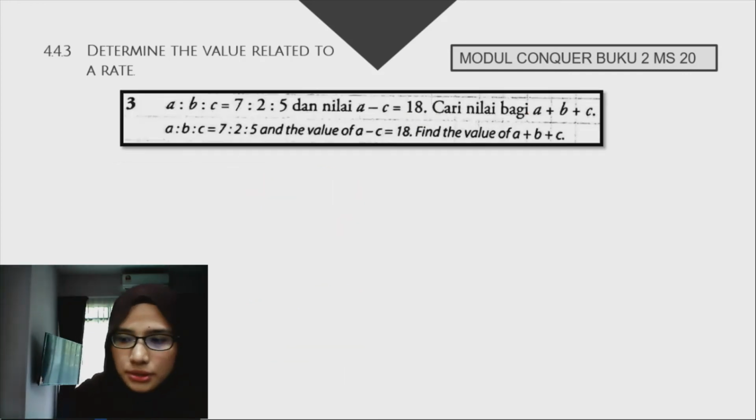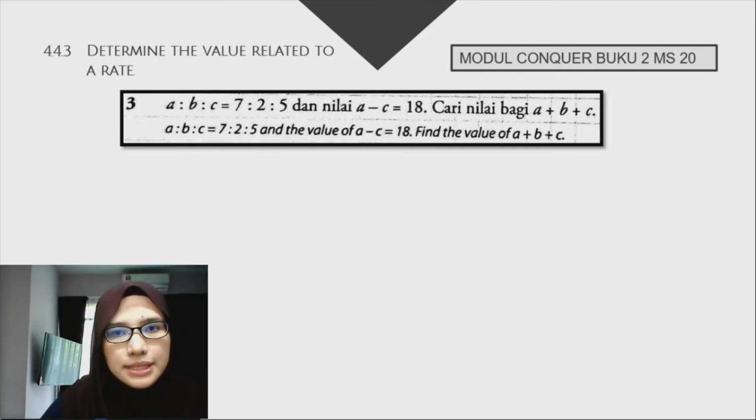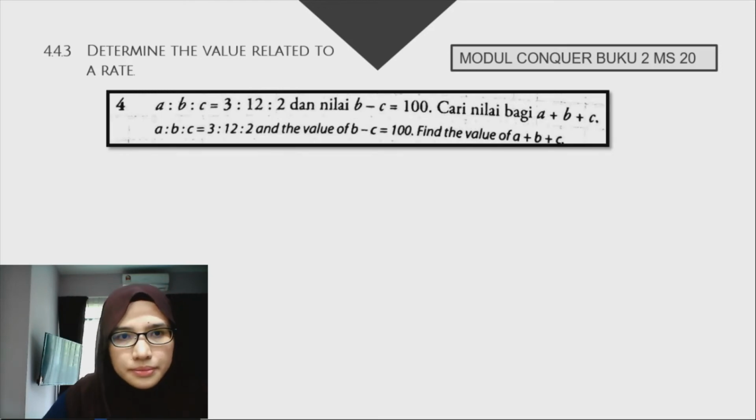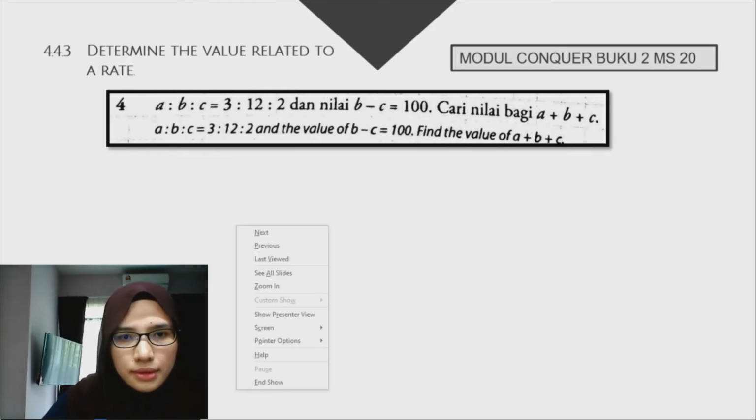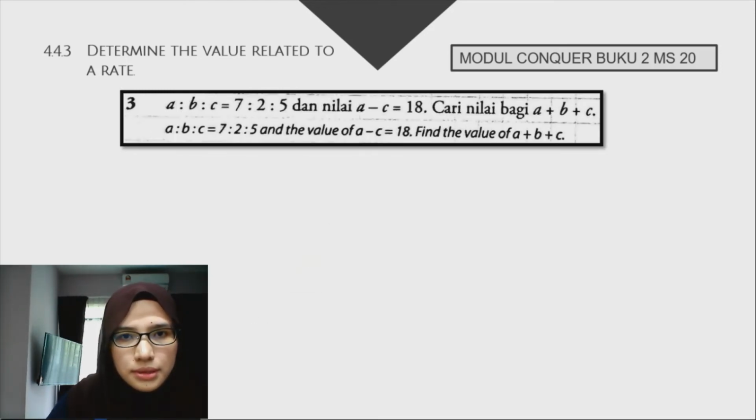Let's continue on question 3. I think you can get the idea how you want to solve this kind of question. If you want to use unitary, you must make sure you are comparing the correct value. Given here, a minus c is 18.